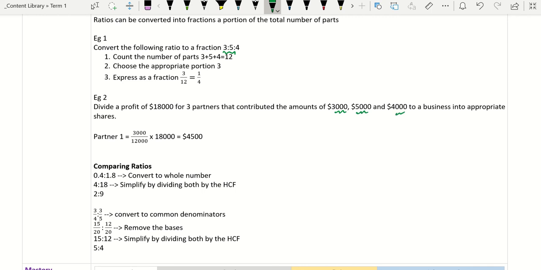So partner 1 gets 1/4. I can just cancel out those and then divide both top and bottom by 3. So I can think of it like that. So 1/4 of $18,000 is 4,500. And then you just do similar for the others.